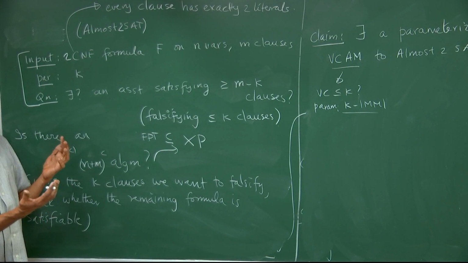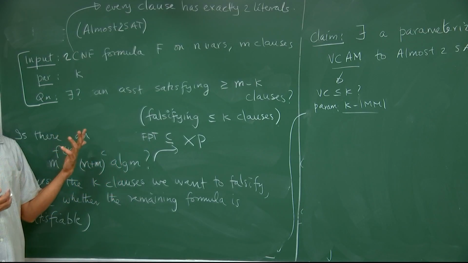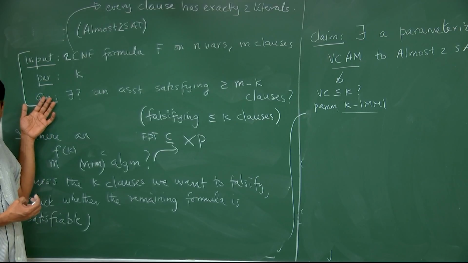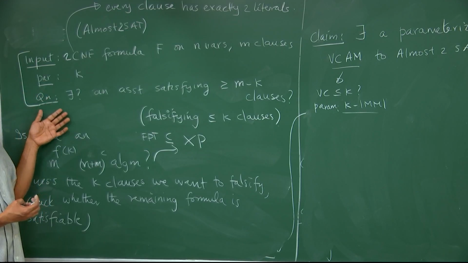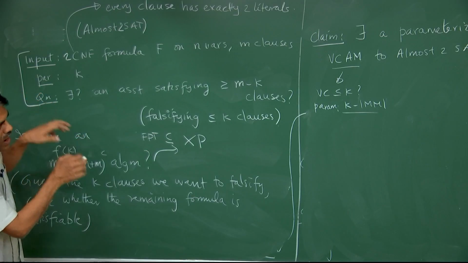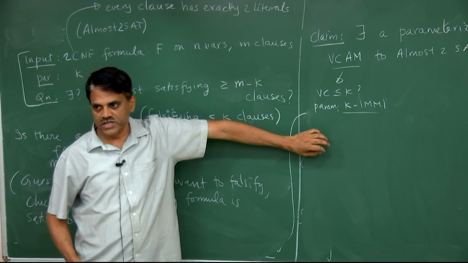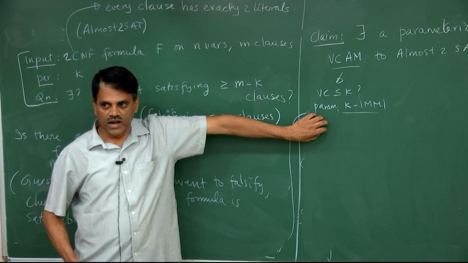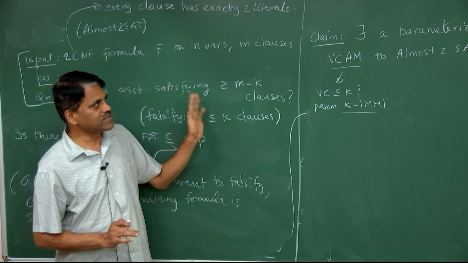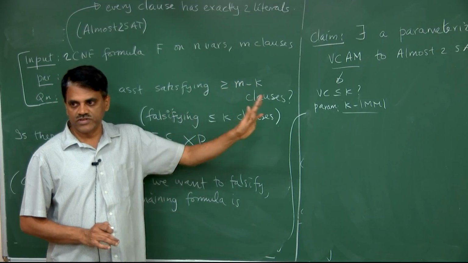Ideally, we would like the other direction of reduction as well, to get an FPT algorithm for this problem. Here is a new problem, and I want to design an FPT algorithm. Like OCT, if I can take this and reduce it to vertex cover above matching, I can use that algorithm to solve it, and I will give that reduction as well. But this reduction is fairly easy to see, so we will see this first.